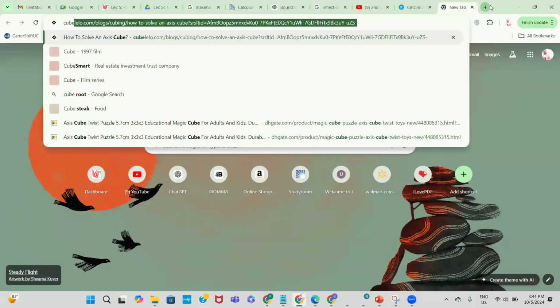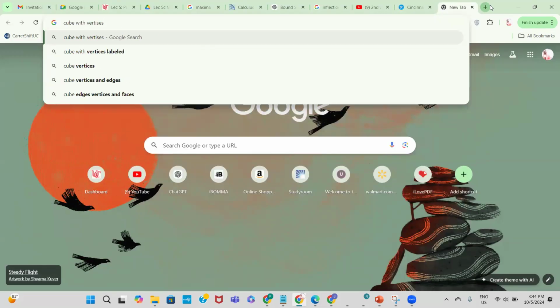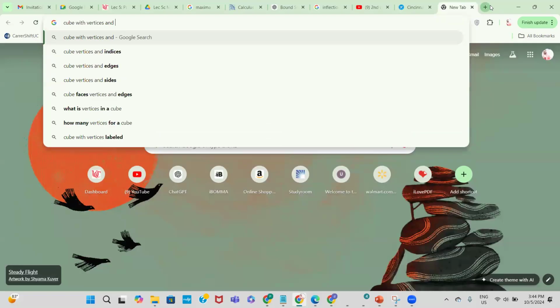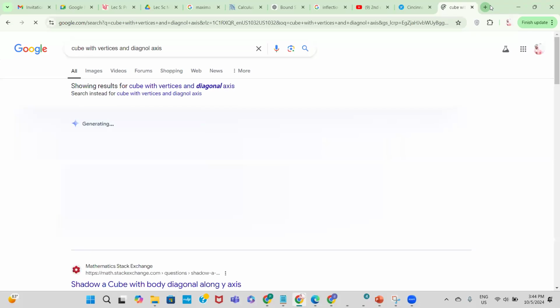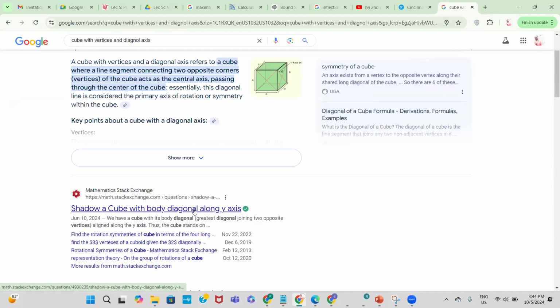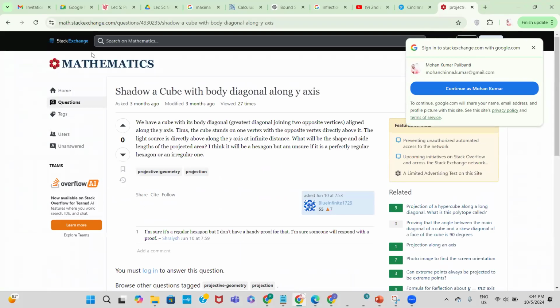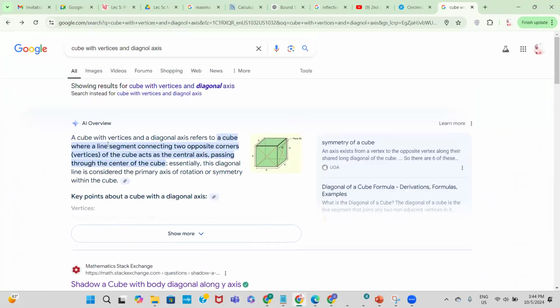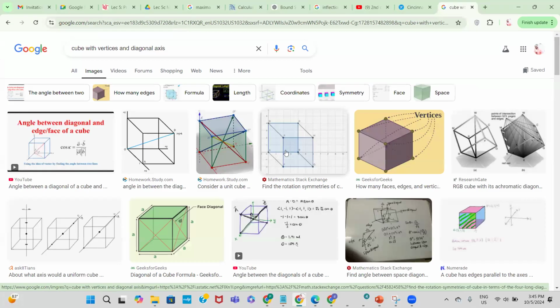A cube with vertices and body diagonal axis. Just try to understand the angle between any two points, the diagonal axis and the horizontal axis.